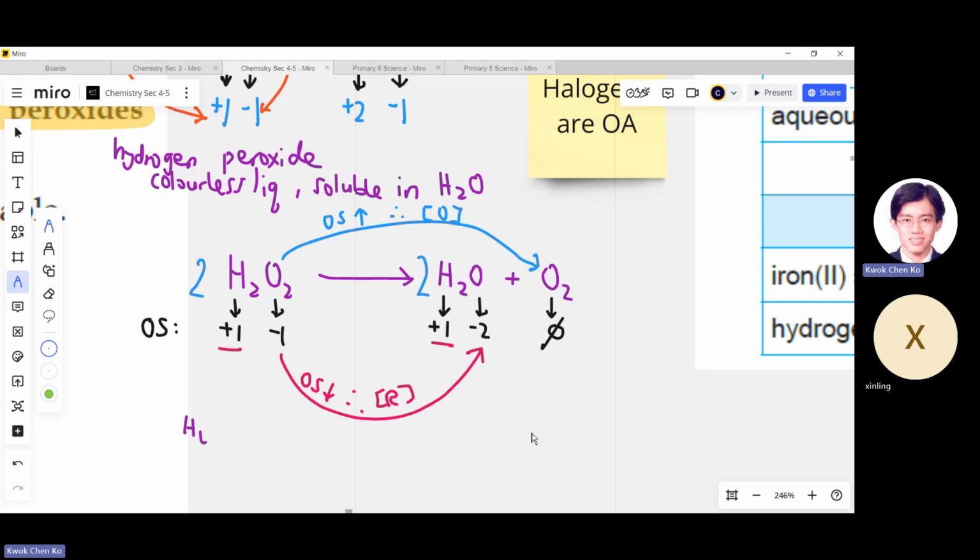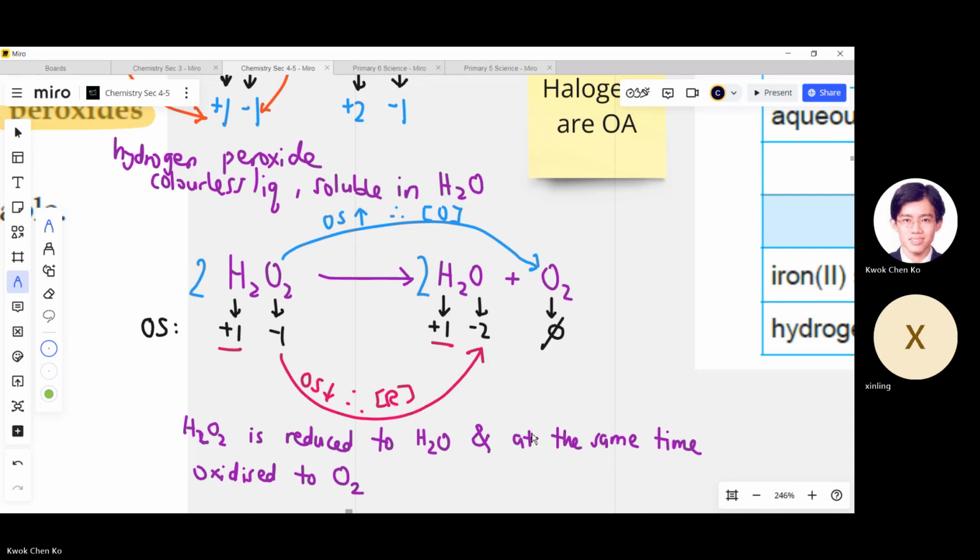So H2O2 is reduced to H2O, and I mean, if you want to be grammatically correct at the same time, oxidized to O2. Okay, in terms of the description.